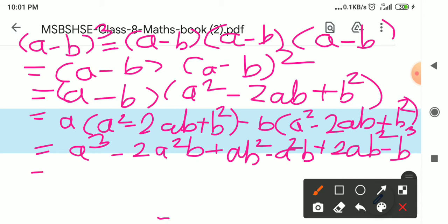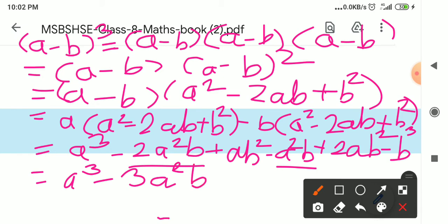So a cube stays as it is, because nothing is there to add with a cube. Next, the a square b terms we add: minus 2a square b and minus 1a square b, so it is totally minus 3a square b.